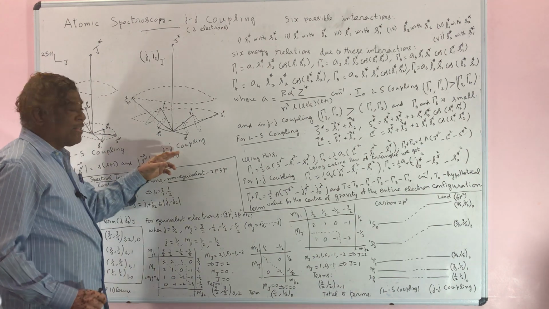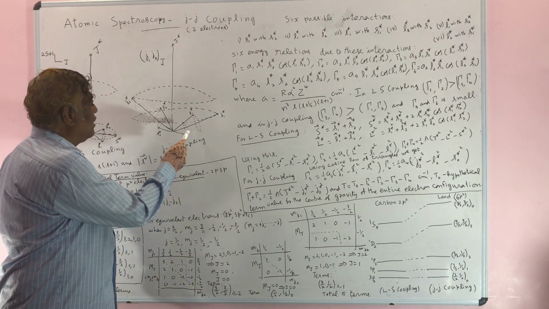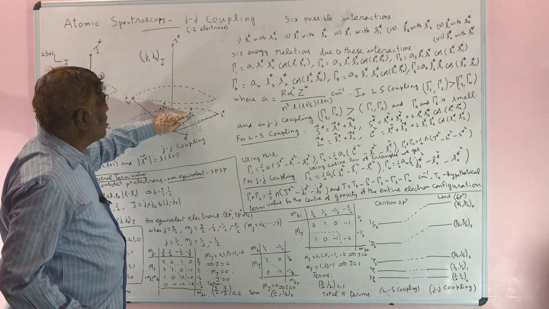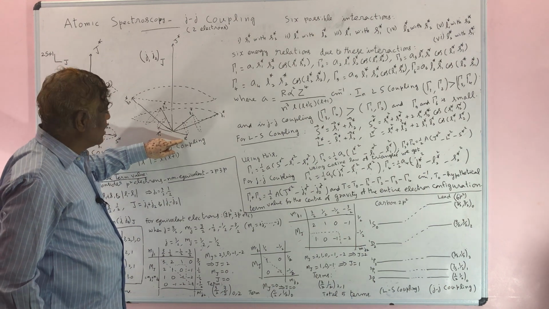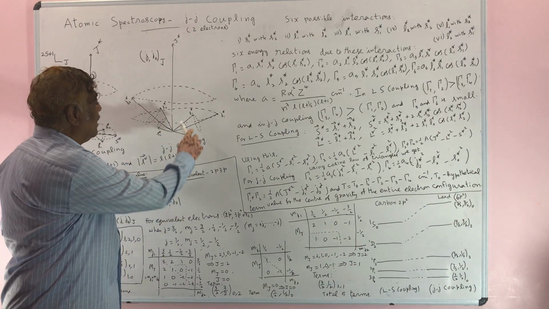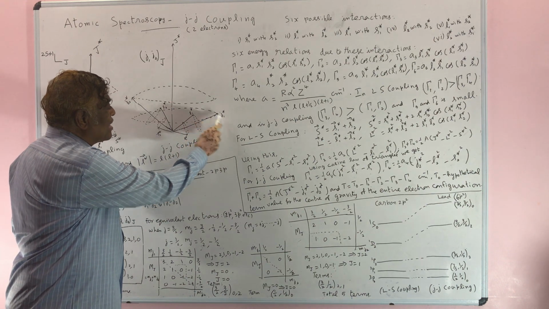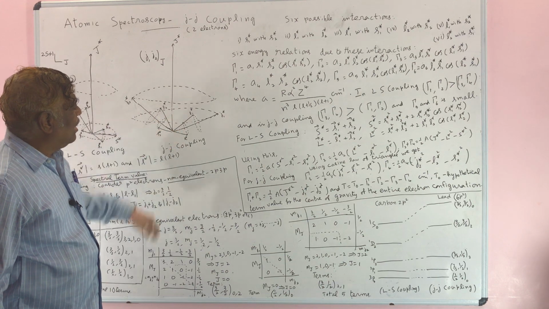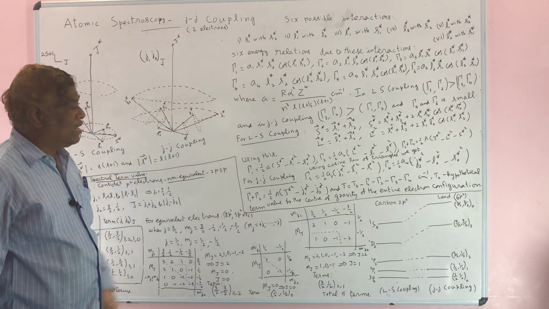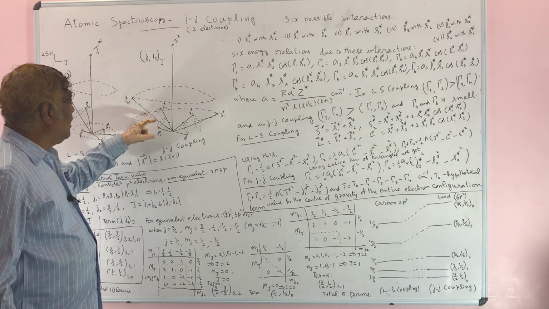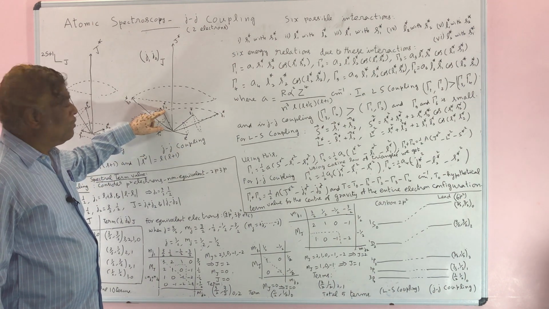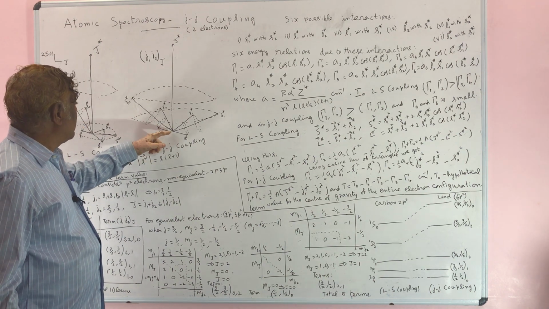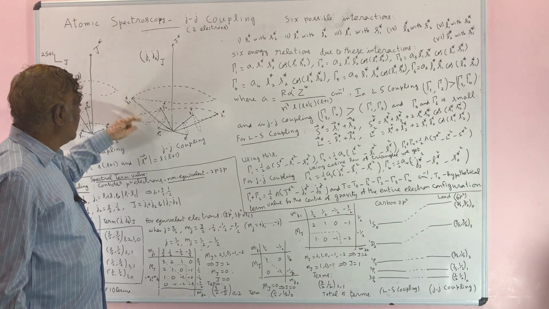Another type of coupling is JJ coupling, in which the orbital angular momentum L1 star and the spin angular momentum S1 star of the first electron couple to give the resultant J1 star. Both of these precess about J1 star. Similarly, for the second electron, the orbital angular momentum L2 star and the spin angular momentum S2 star precess about the resultant J2 star.